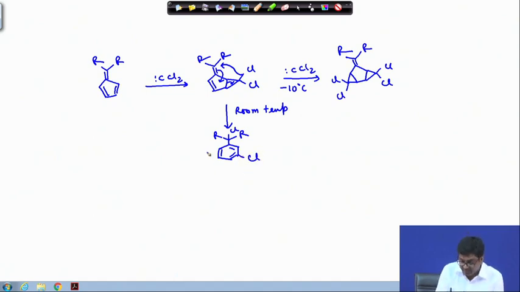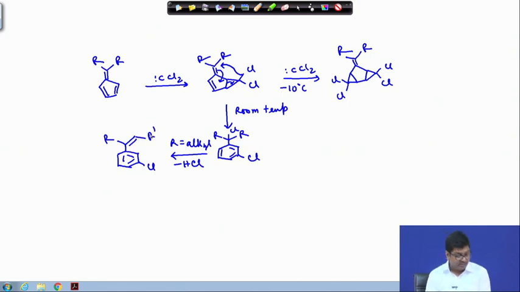Now, if it contains R equals alkyl, then the liberation of HCl will give the corresponding olefin derivative. Okay.